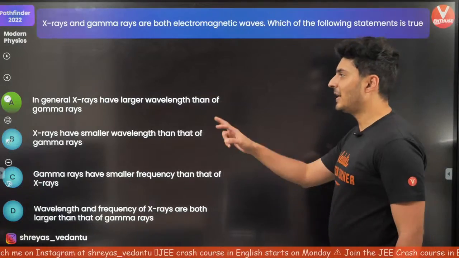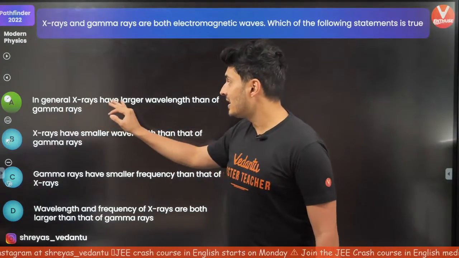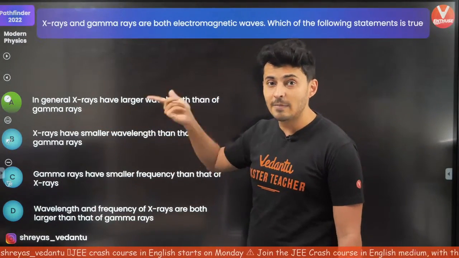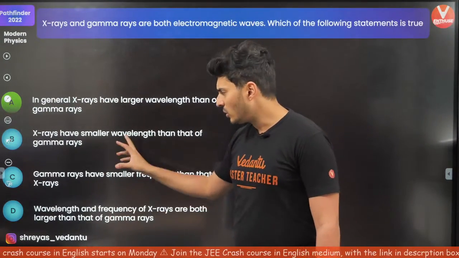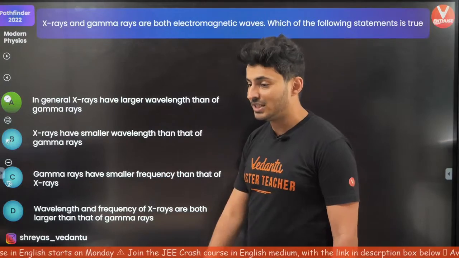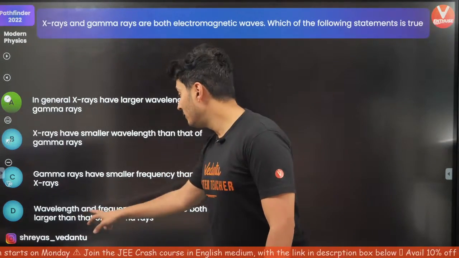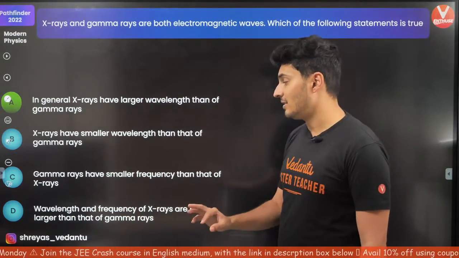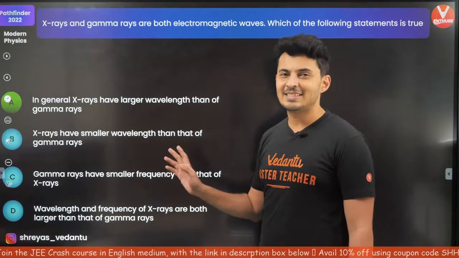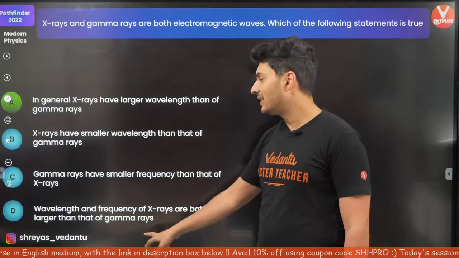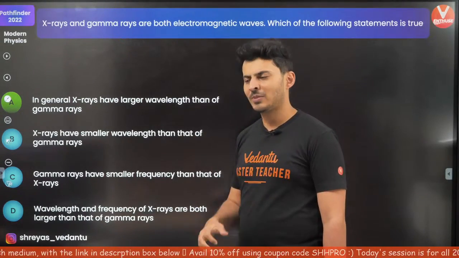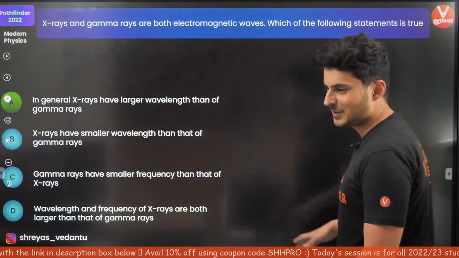Yes, in general X-rays have large wavelength as compared to gamma rays or smaller frequency. So none of the other options will match. Sai Venkat, look at D. Wavelength and frequency both are larger. No. Frequency is not larger for X-rays as compared to gamma rays. Frequency is shorter. Hence the D option is not correct, bachcha log. Happens, it's okay. Sometimes you make mistakes, it's okay.